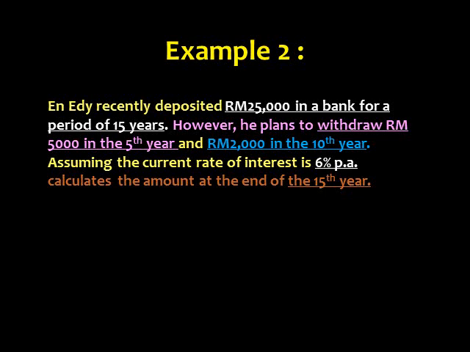So there are 2 times he plans to withdraw his money: on the 5th year, and another 5 years later, at the 10th year. First is 5,000 and the other is 2,000. Assuming the current rate of interest is 6% per annum, calculate the amount at the end of the 15th year.